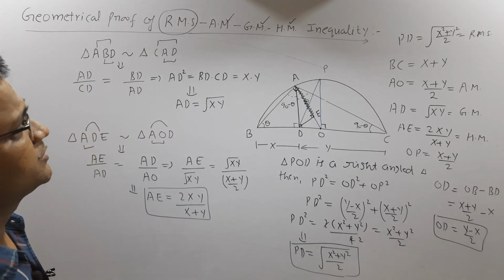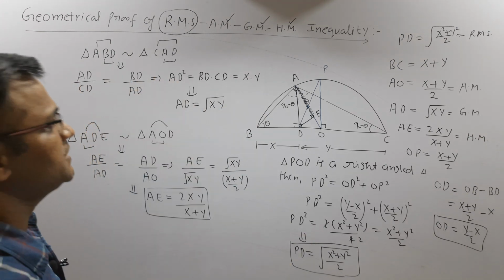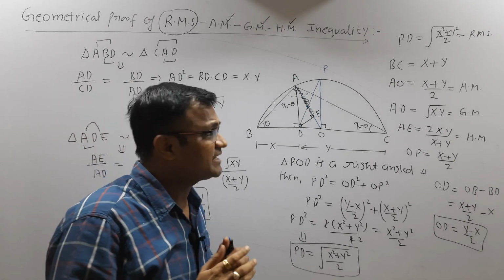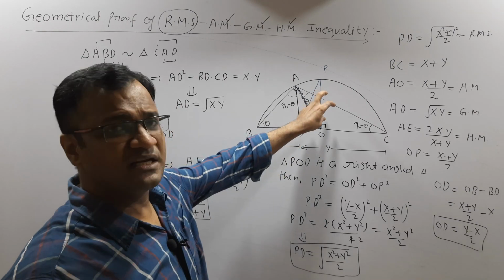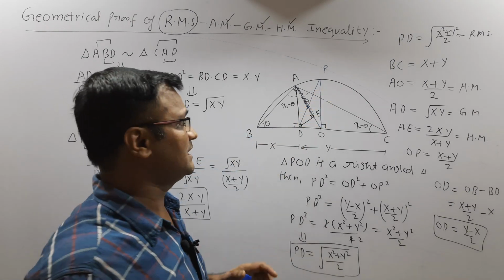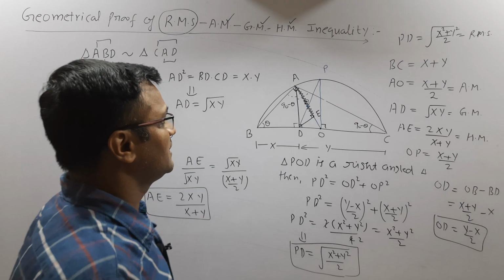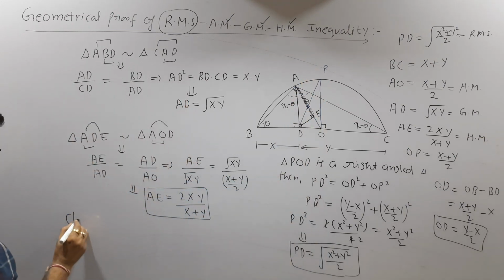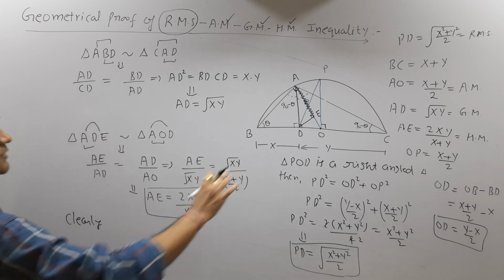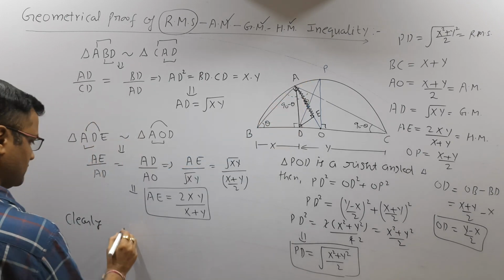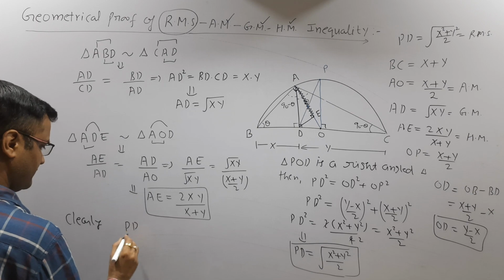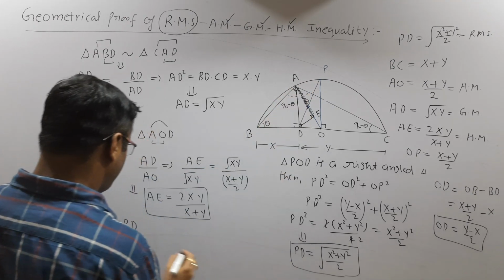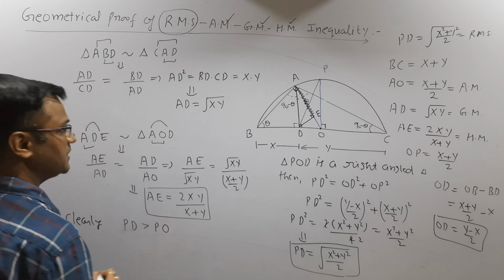Now, in order to develop a relation among these four means, we are aware of the result that in any right angle triangle, the length of any leg is less than the length of the hypotenuse. So, if we focus on the right angle triangle PDO, PD is strictly greater than PO.